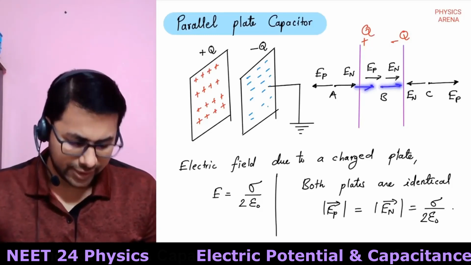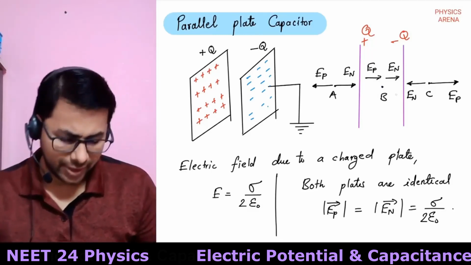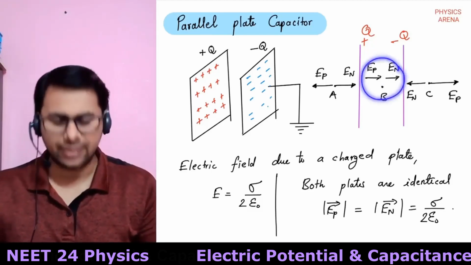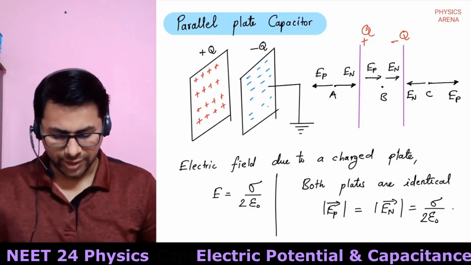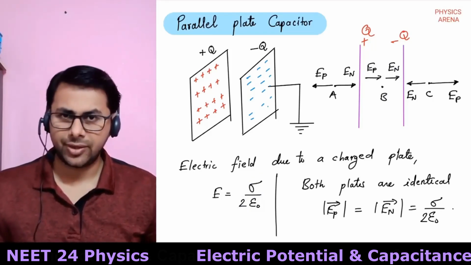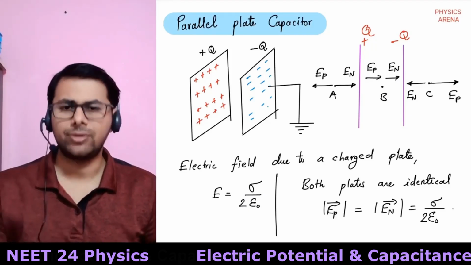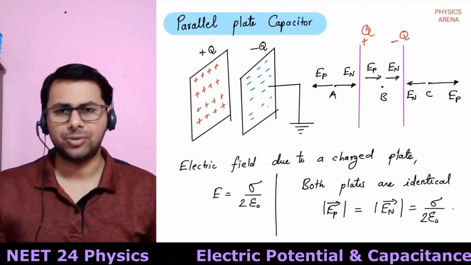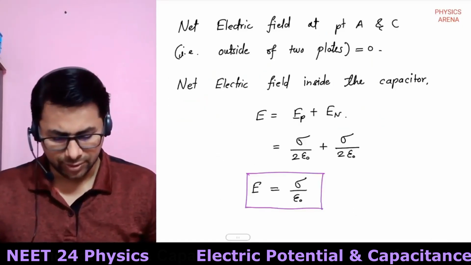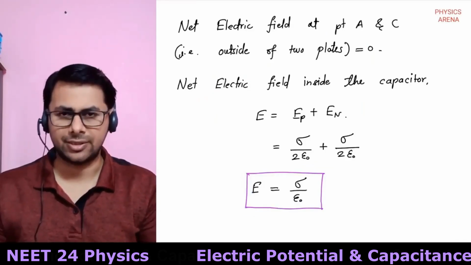So the electric fields due to the positive plate and the negative plate are in the same direction, and they get added. How much is the electric field due to the positive one? It is sigma upon 2 epsilon naught. Due to the negative one, in magnitude it is also sigma upon 2 epsilon naught. If you add both of them, it will be 2 times sigma upon 2 epsilon naught, that is sigma upon epsilon naught. That's the net electric field inside a parallel plate capacitor.